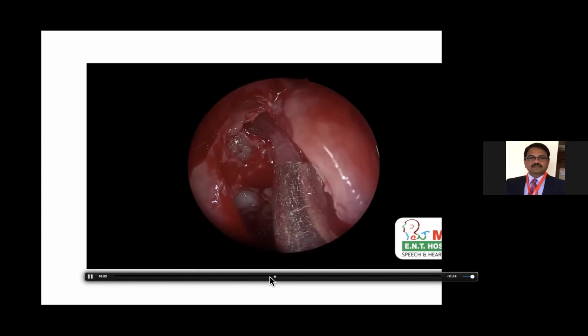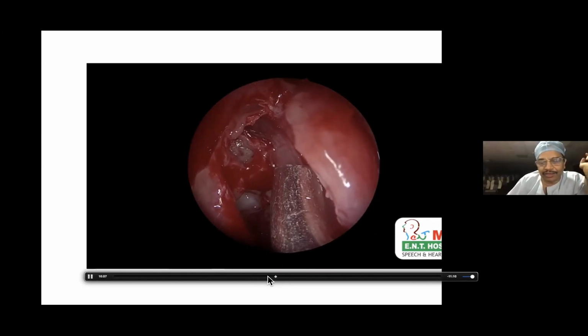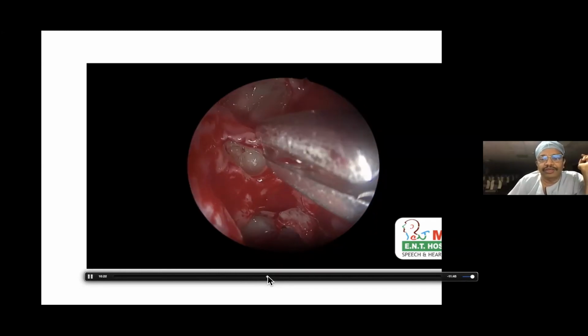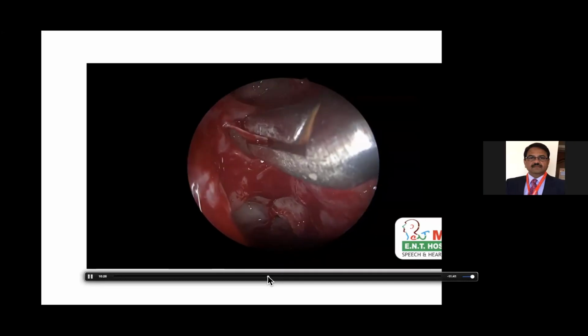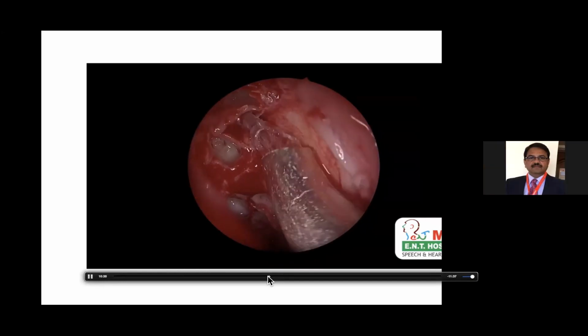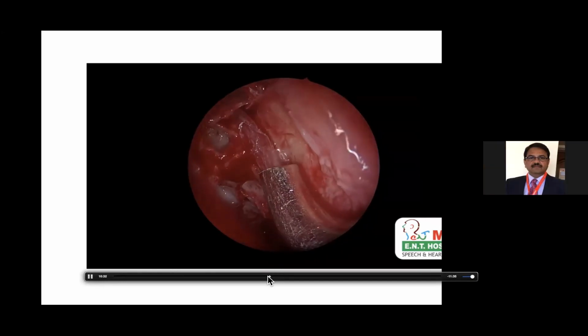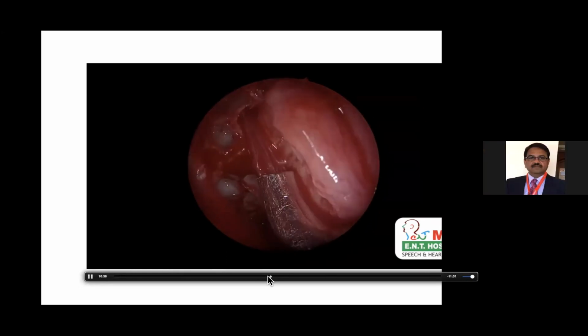Imagine I insert the instrument before using the balloon. I will be catching the mucosa on both sides, or if I use a debrider, I debride the mucosa on both sides. I don't have space to work.